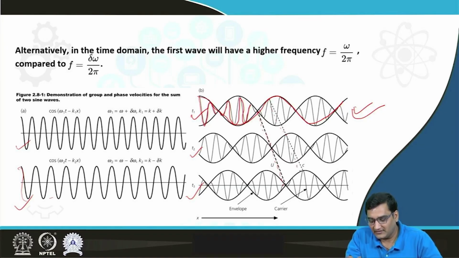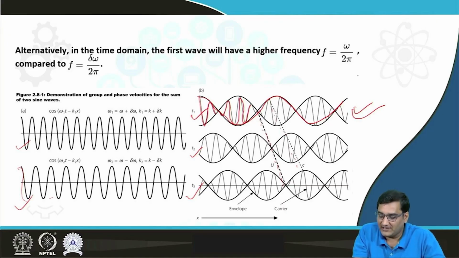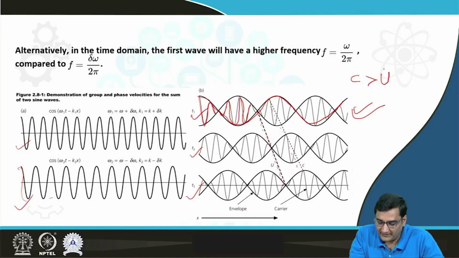So you can easily see that the carrier wave has a higher velocity than the envelope velocity, which means that c should be greater than u. At different times you can connect the points for the same point, as in t1, t2 and t3, and get a feeling for how the velocities move for the carrier wave and the envelope wave.